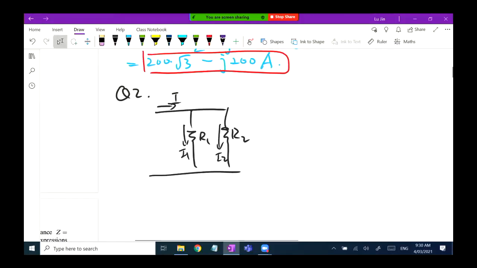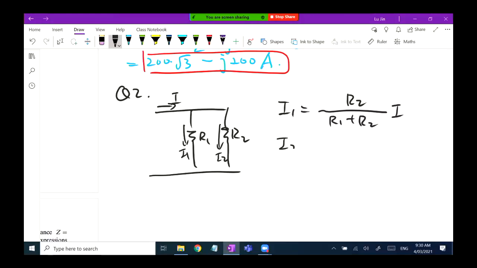I1 is a fraction, a part of the total current, because I1 is a sharing part of this capital I, right? At the bottom should be R1 plus R2, the total resistance or total impedance for the parallel connected block. On top, if you want to determine the current going through R1, you should put R2 on top, vice versa.